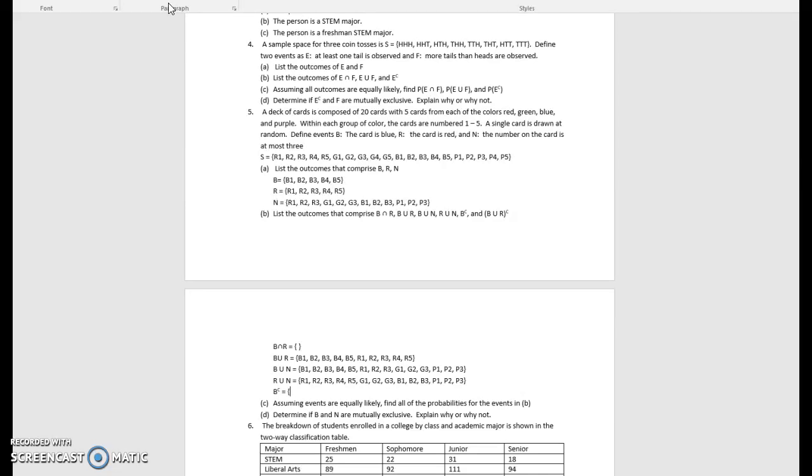We're going to list everything that's not a blue card. So all of our red cards are not blue, all of our green cards, and of course all of our purple cards.